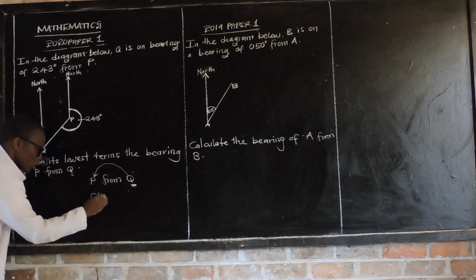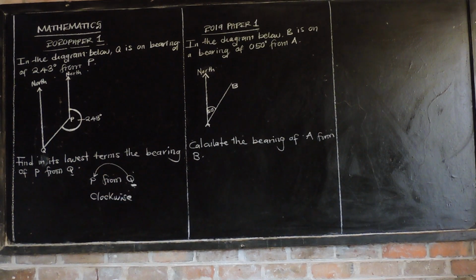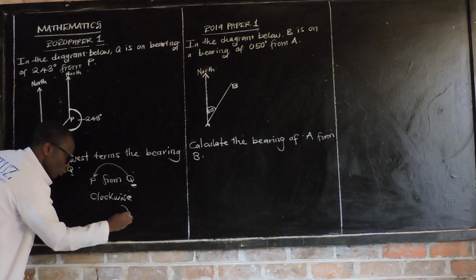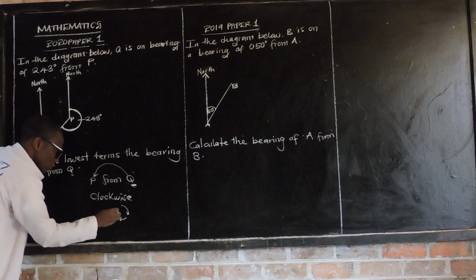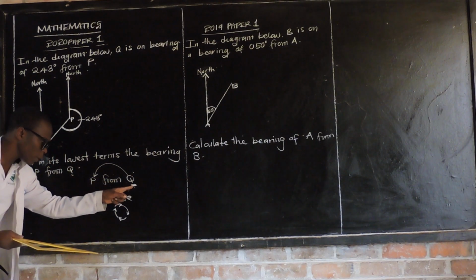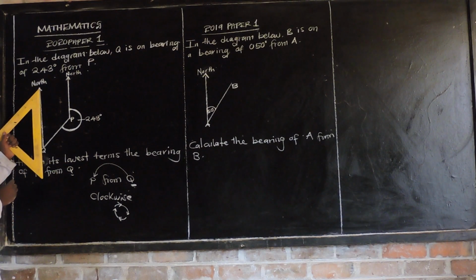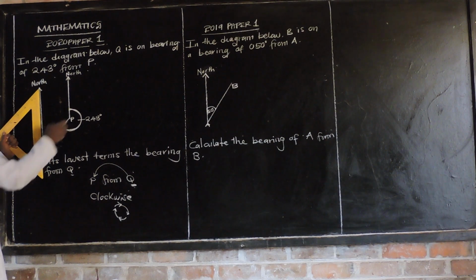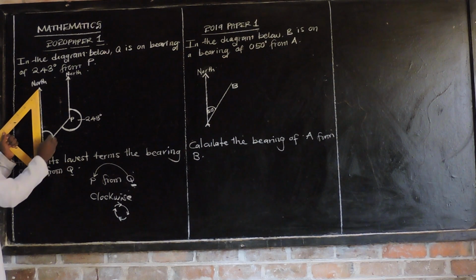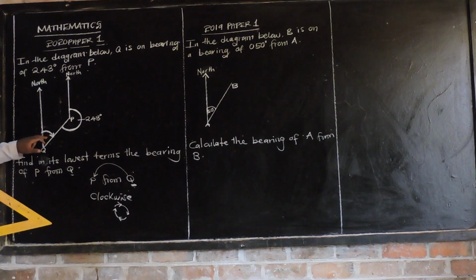Take note of this important point: on bearings, we always move in a clockwise direction. So we move clockwise from the north of Q to the line QP. This angle, this amount of turning, is the bearing they want.